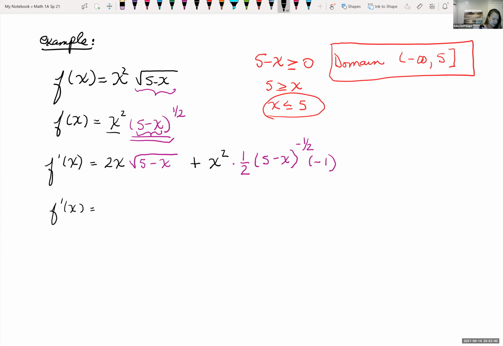So this is equal to 2x square root of 5 minus x. I'm going to pull out the minus in front, minus, we're left with an x squared in the numerator, all over 2. Let's bring this negative exponent down, that whole piece, and rewrite it as a radical. So square root of 5 minus x.